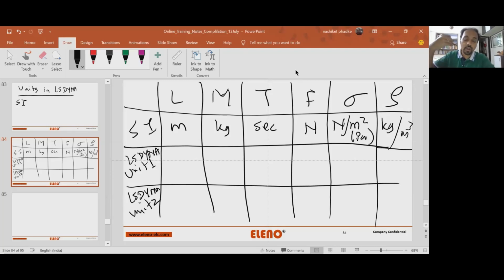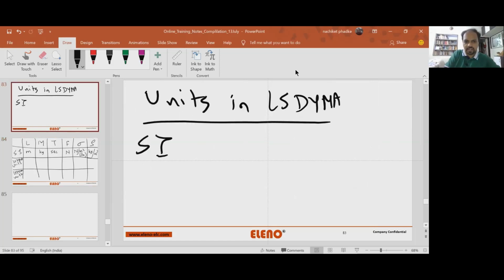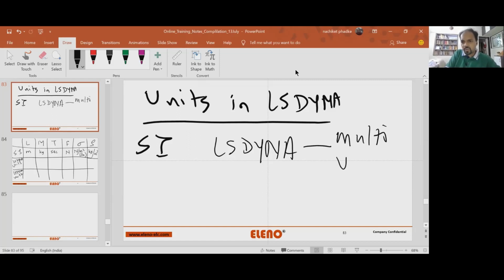Now typically nobody is going to tell you this, but you have to just pay attention so that you understand you are going to be independent in choosing your own unit system, because LS-DYNA understands no units. LS-DYNA only understands numbers. That is what you have to always remember, and that's why LS-DYNA is a multi unit system solver. So it is not having a restricted unit system.